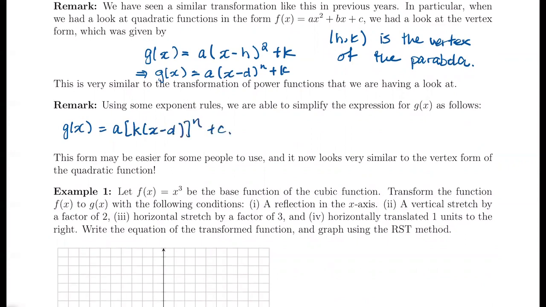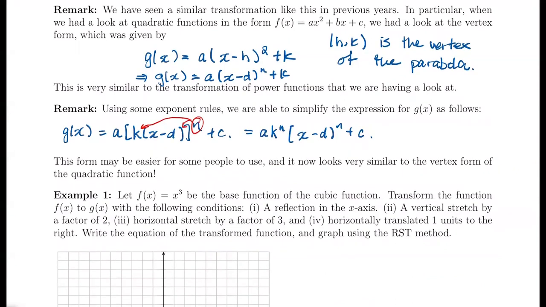So what I'm going to do is expand the powers, bring them inside each, so that we have a times k to the power of n times (x minus d) to the n plus c. Now that looks similar to what the vertex form would look like, where if we just join these two parameters together, we would get the exact same form as what we would have if we had a vertex form of a parabola, or technically the vertex form of a power function.